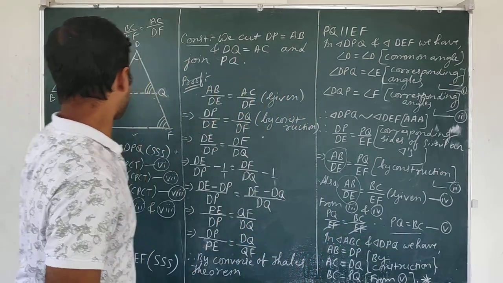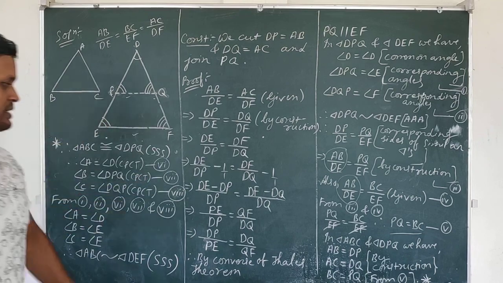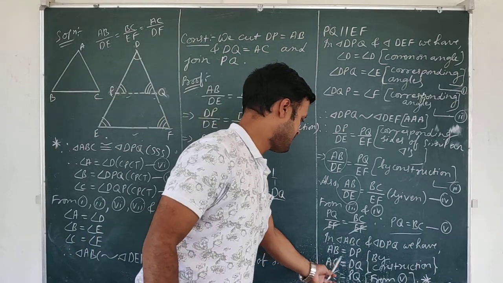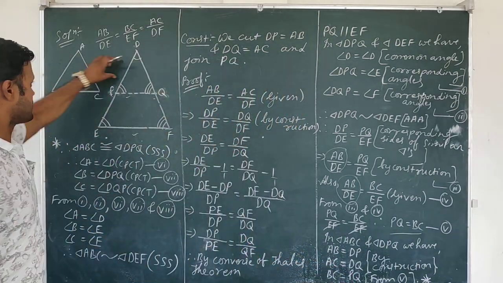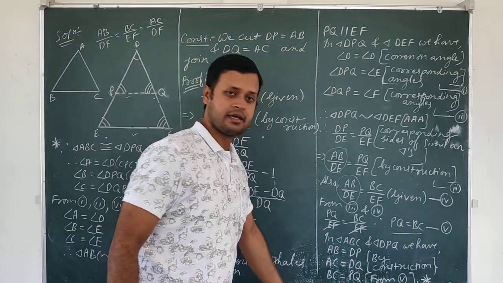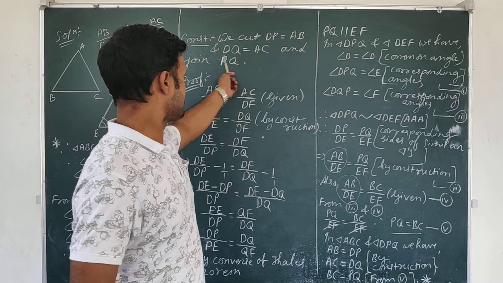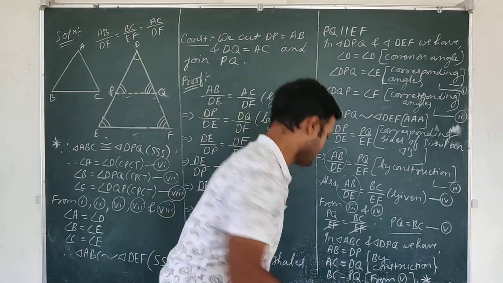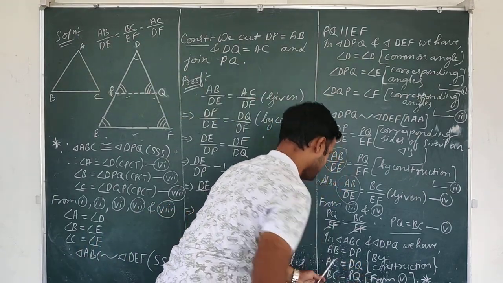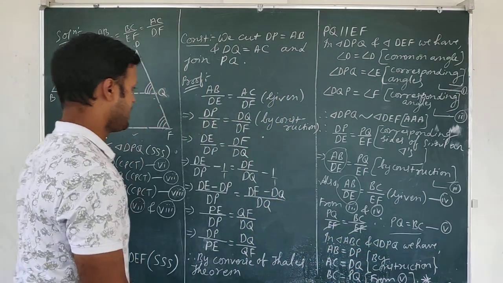You see, in triangle ABC and triangle DPQ, what are the things that we have? AB is equal to DP by construction, isn't it? AC is equal to DQ again by construction.